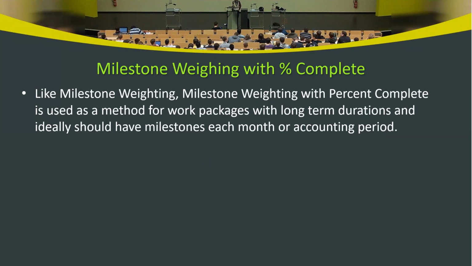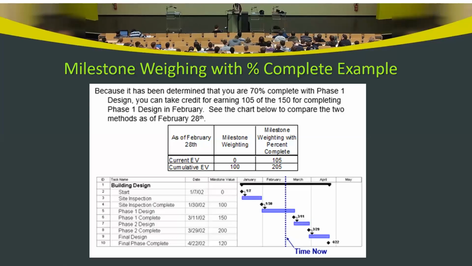Some work packages are spread over elongated schedules, or depending on the work content and complexity of the work package. For long-term duration work packages, this is the method used: milestone weighing with percent complete. Here's the example.